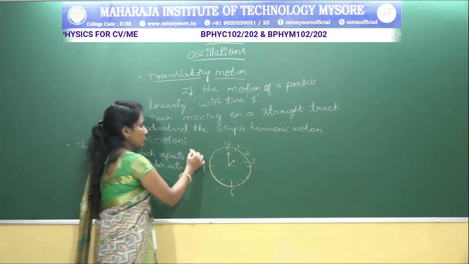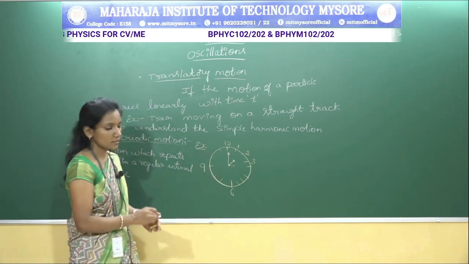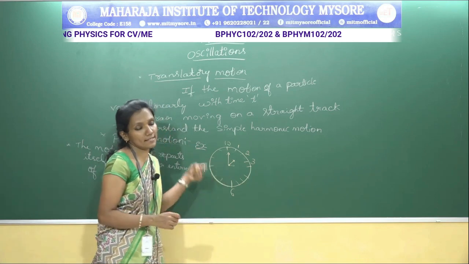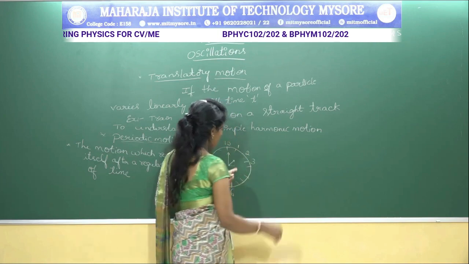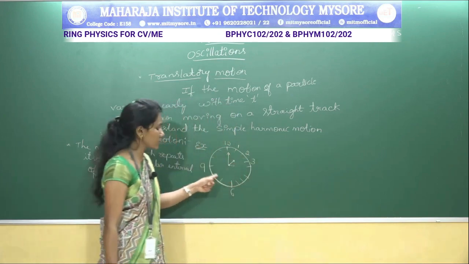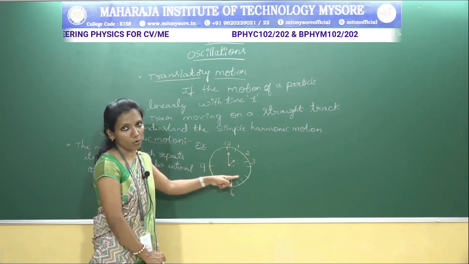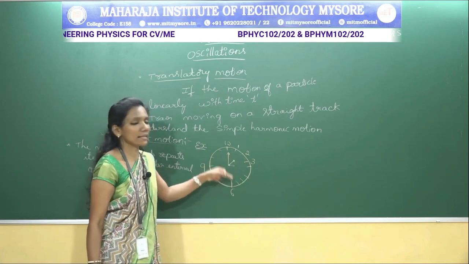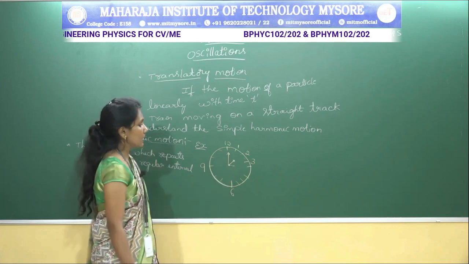The example here is the clock, the movement of the hands in the clock. After 60 minutes the hour hand will come back to the same point, and after 60 seconds the minute hand will come back to the same position. That is the best example.